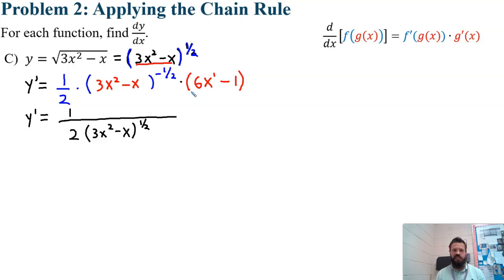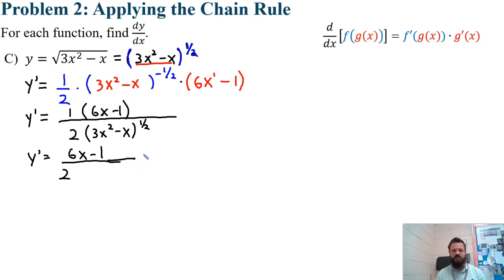And then we'd have this 6x minus 1 up top. And I suppose I can clean that up by just getting rid of this 1 here. Parentheses aren't doing me anything. So we can just say 6x minus 1 over 2.